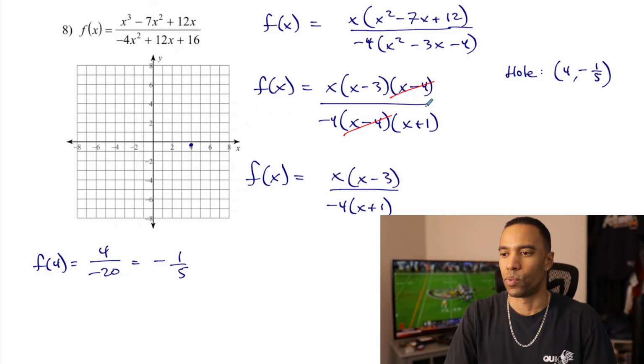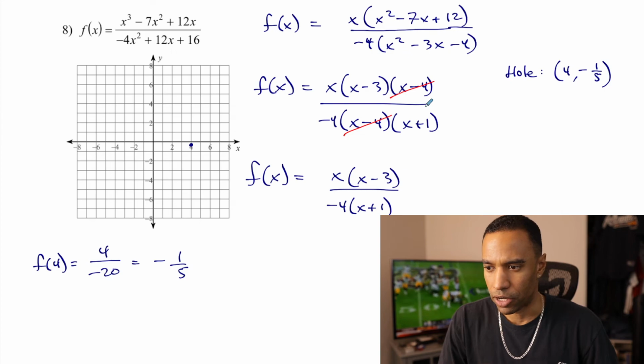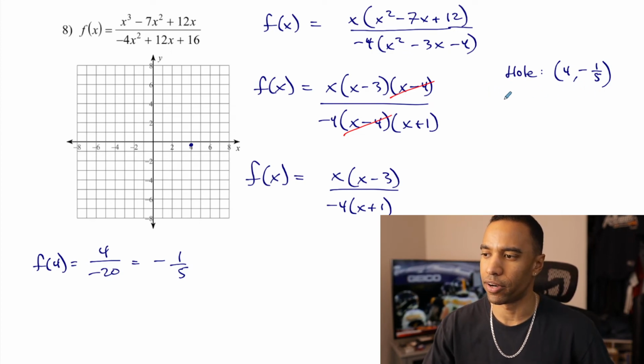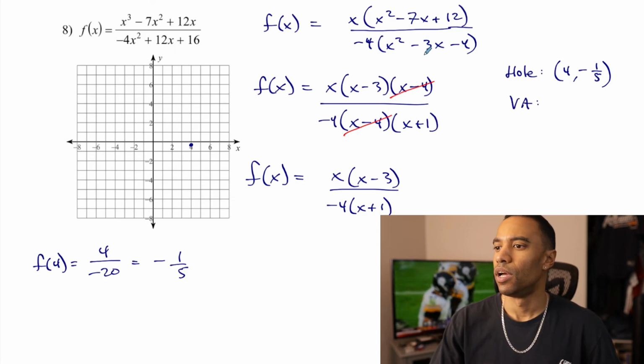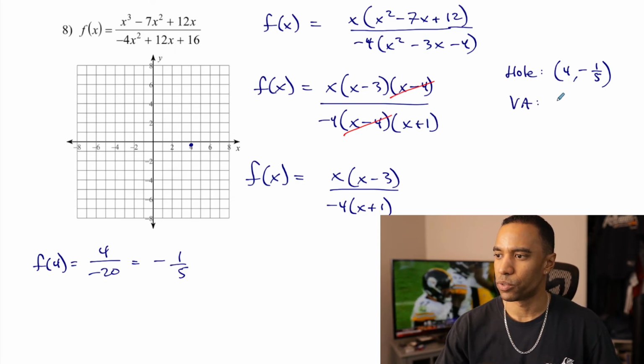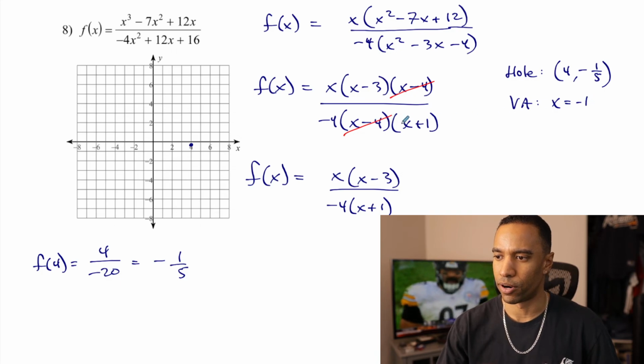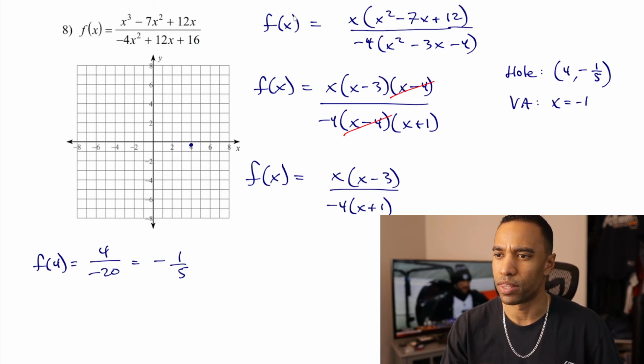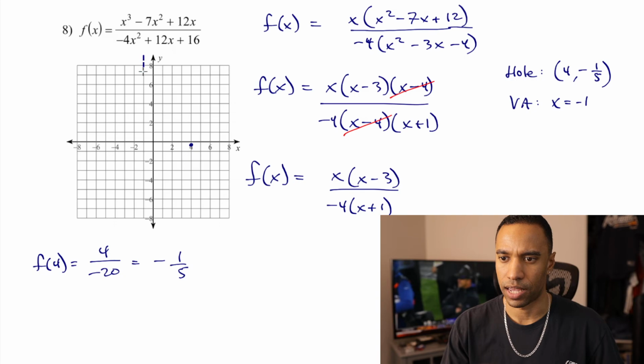Okay, so we have that. Make sure all my math was right there, I believe. Yep, believe it was. All right, vertical asymptote. Just at x equals negative 1, now that the 4 part is gone, so x equals negative 1 there. That is right here.